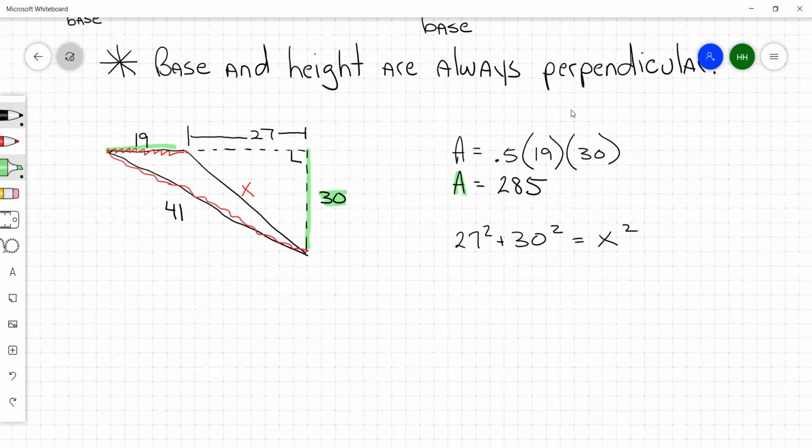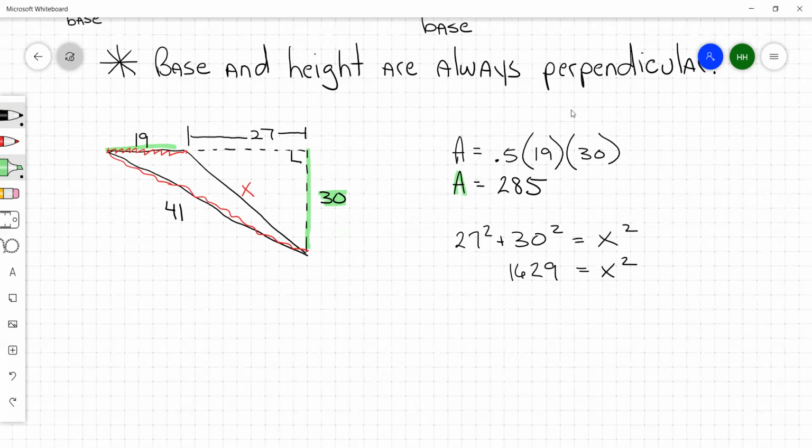So now this is pretty simple to do in your calculator if you're getting used to using some of these other functions. You can type 27 squared plus 30 squared and hit equals. 1629 equals x squared. And then while that number is sitting on your screen, you can push the square root button.